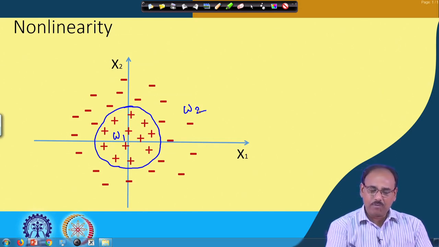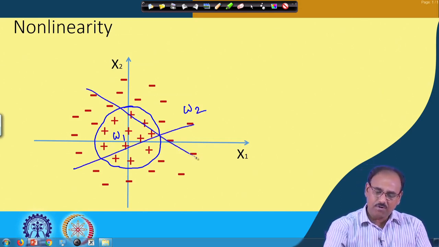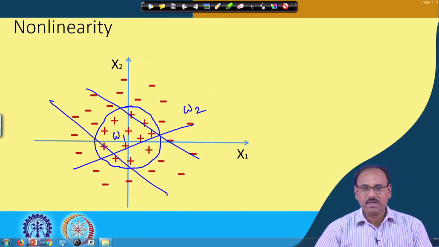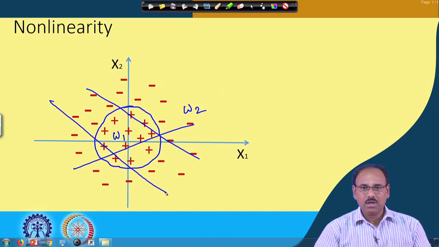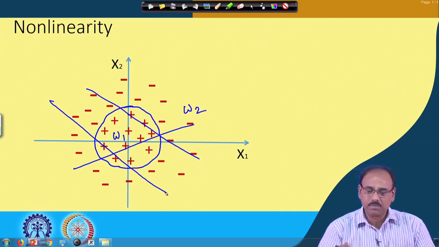Whichever straight line I take, I will always have some misclassification. So, this is a linearly non-separable problem. I cannot separate the classes using a linear function.